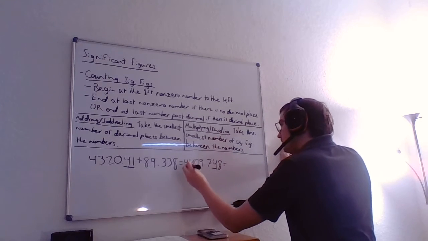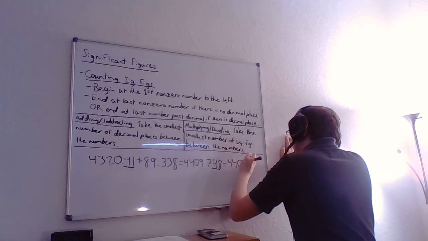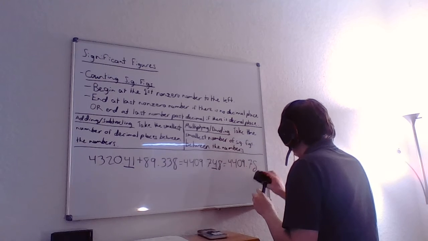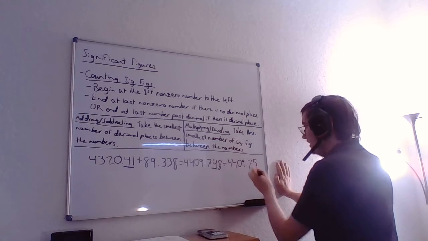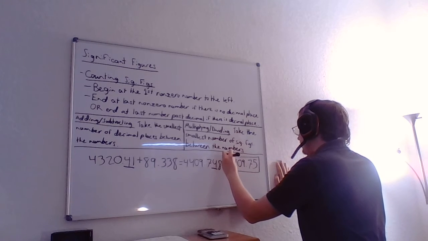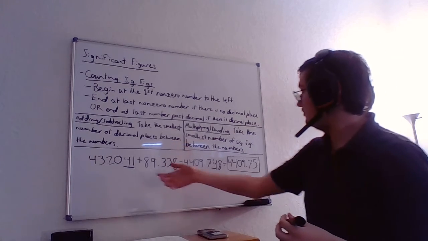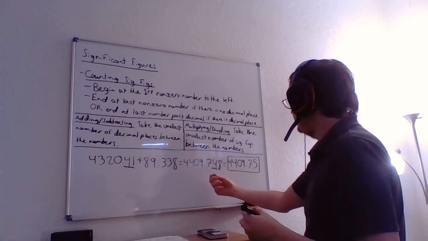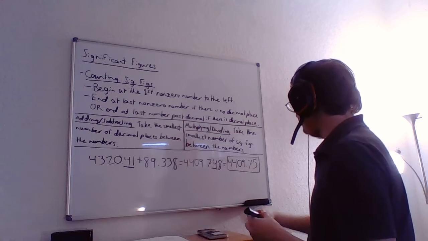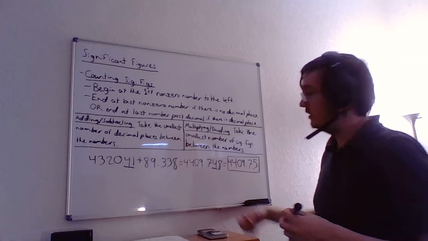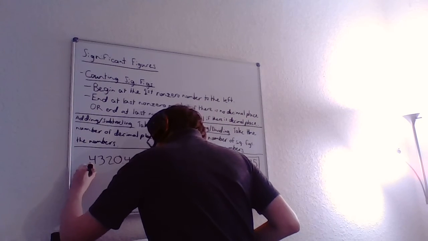So we'll have 4409.75, and that there is our answer. So do the summation, count the number of decimal places between the two things you added up, and then you round the decimal places here.